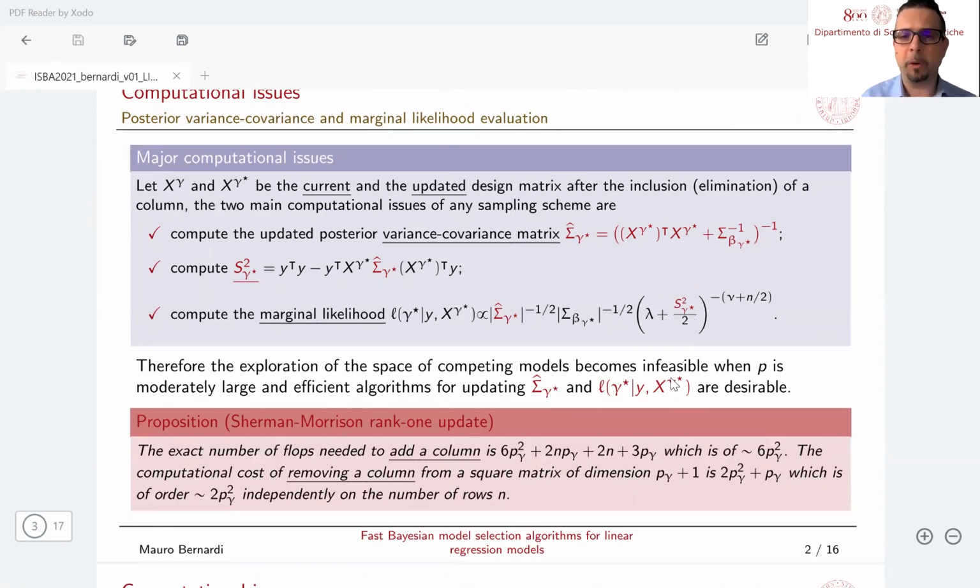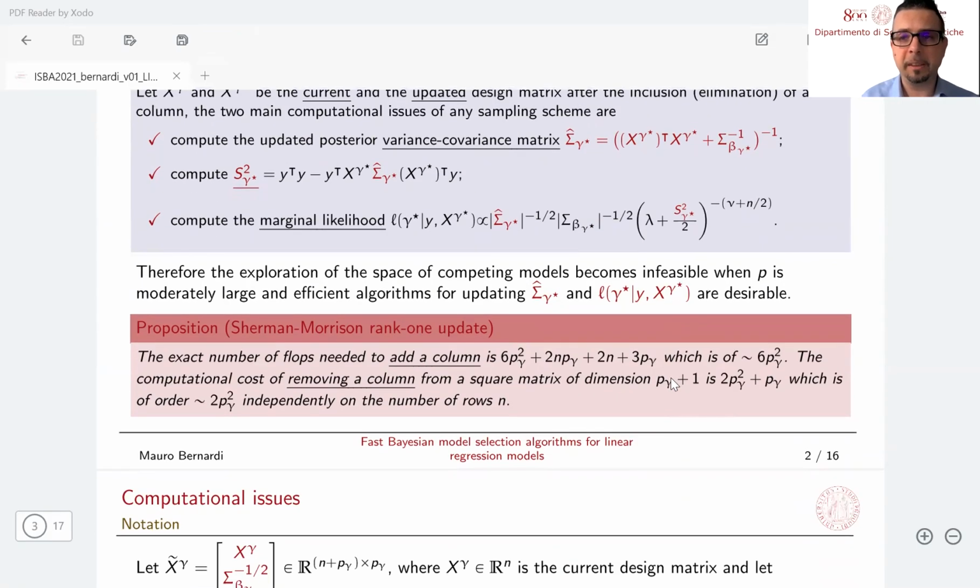Moreover, in order to evaluate the probability of including a new model in the set of explored models, we need to evaluate the marginal likelihood, and the marginal likelihood requires evaluating the S gamma star square quantity, which is a square that involves the posterior variance-covariance matrix sigma.